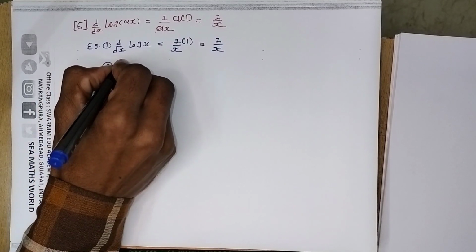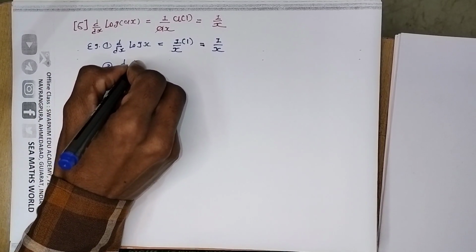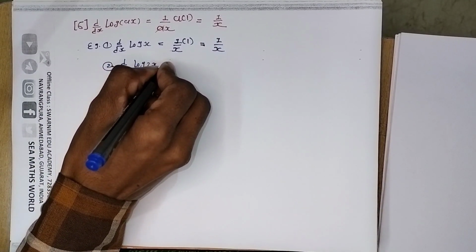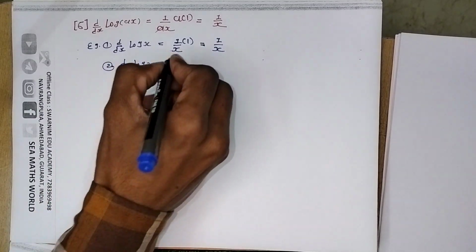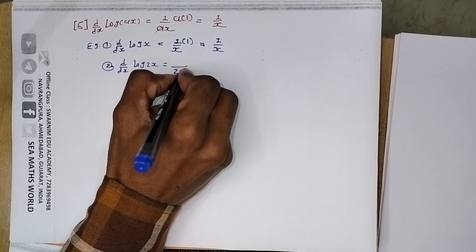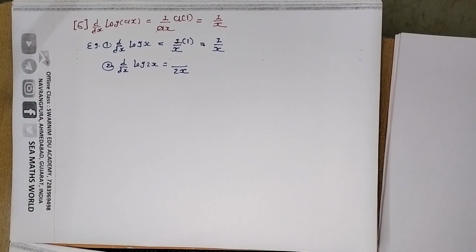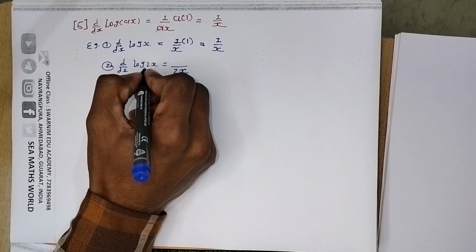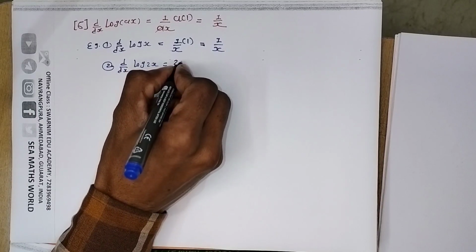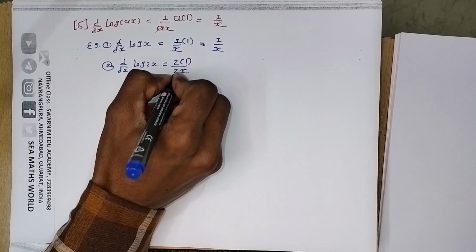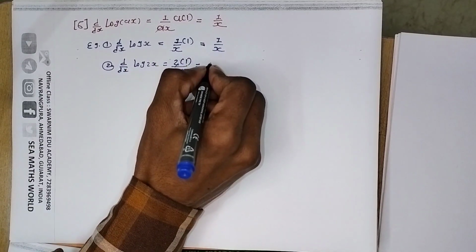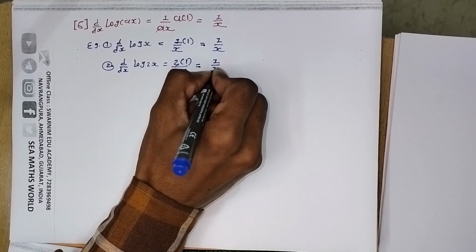One more example, differentiation of log 2x. The log term given is 2x, that will go to the denominator, then differentiate that log term in numerator. So differentiation of 2x is 2 as it is, x differentiation is 1. Now this 2 will be cut. So finally 1 upon x.